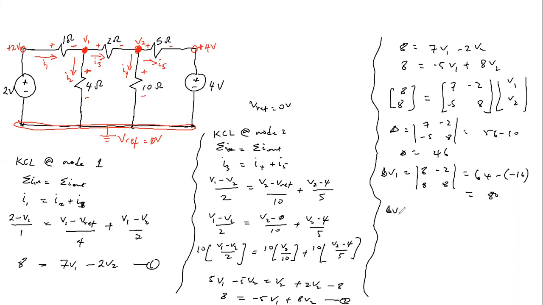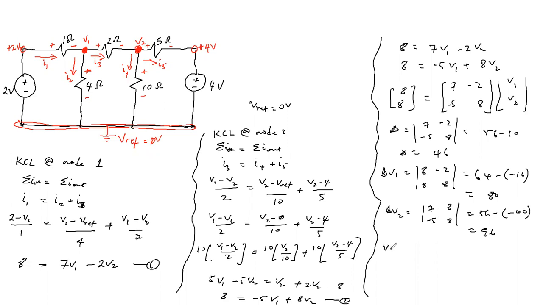Then delta V2. We replace the second column with these constants. That will be 7 times 8, which is 56, minus minus 5 times 8, that's minus 40, so that gives us 96.